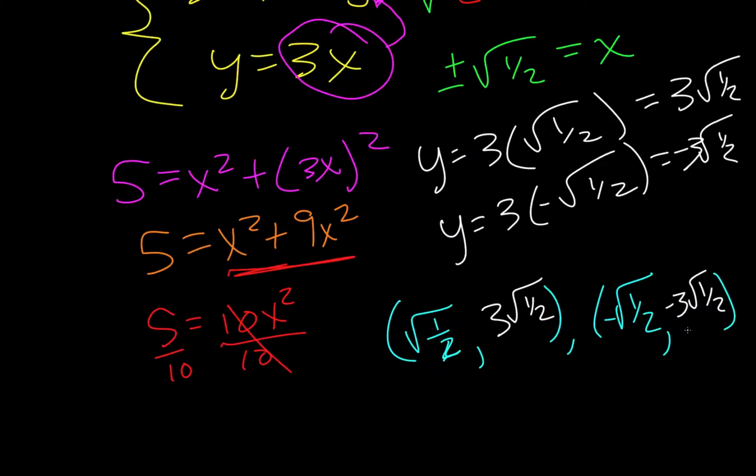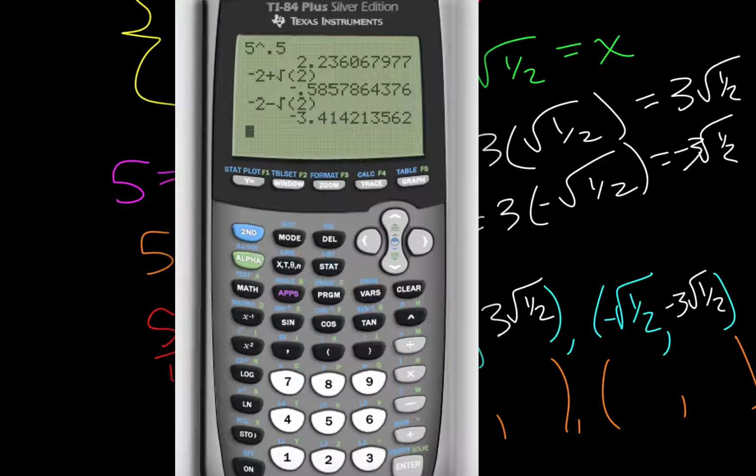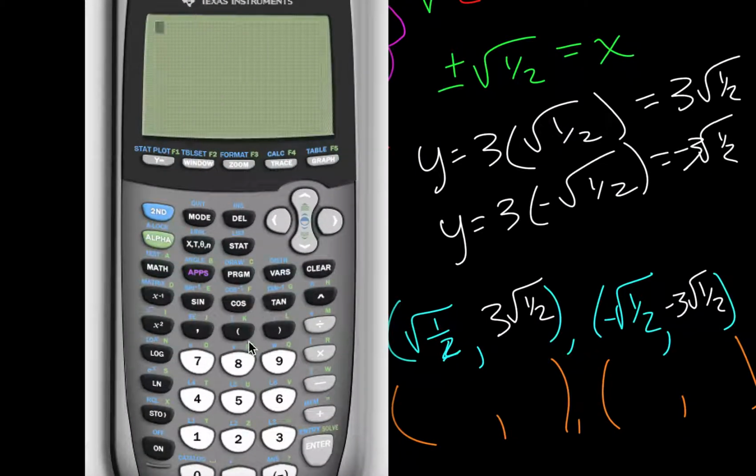Now, to help compare it to a graph, we're going to get a decimal. So I'm going to go to the calculator and type these in. So we have square root of 0.5, which is 0.707.